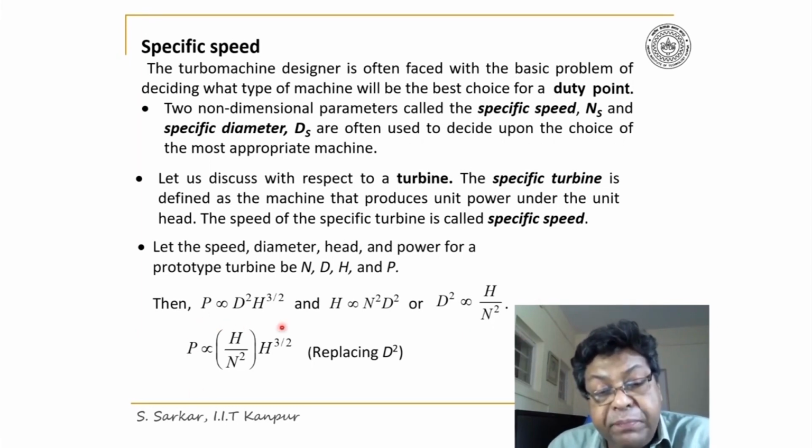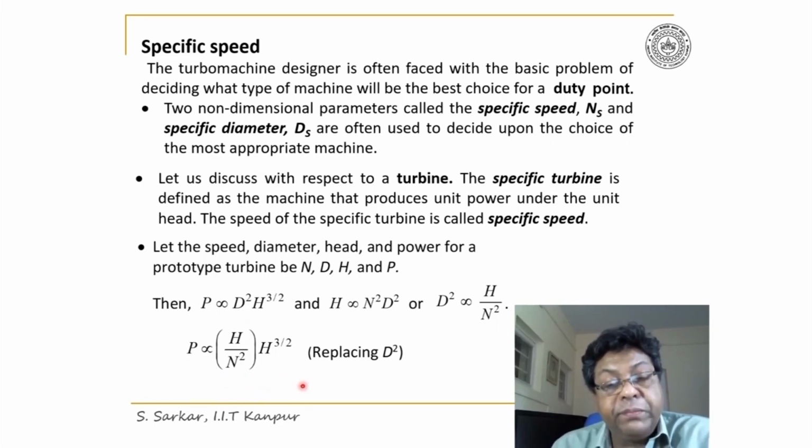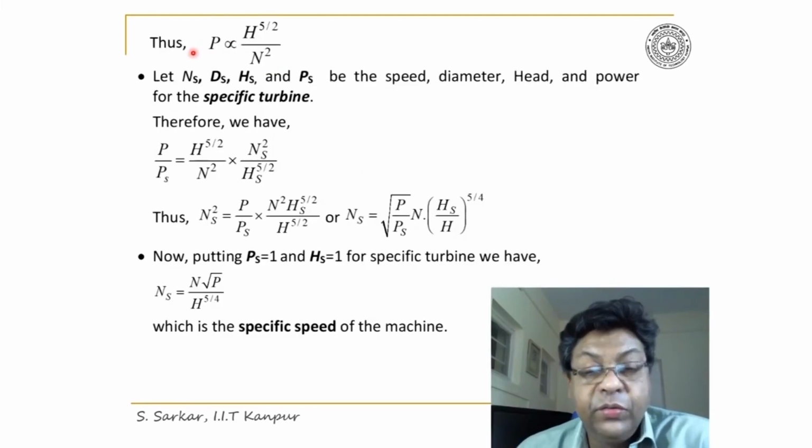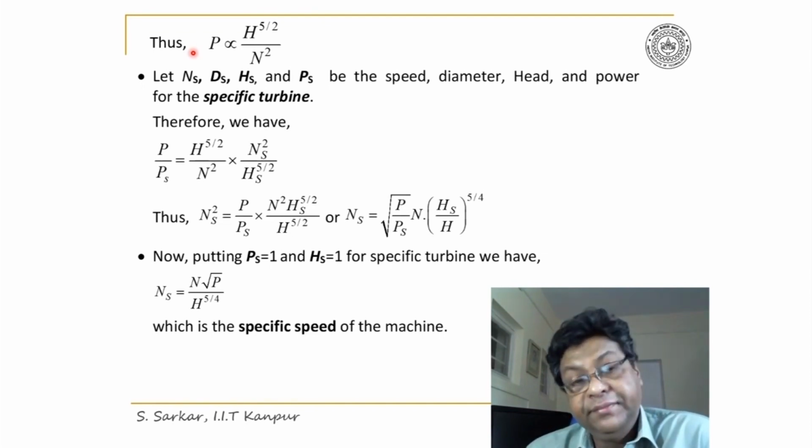Now, in this P relation, that is P proportional to D squared H to the power 3 by 2, I can replace D squared by H over N squared. So I'll get P proportional to H over N squared into H to the power 3 by 2. Thus, we'll get P proportional to H to the power 5 by 2 divided by N squared.